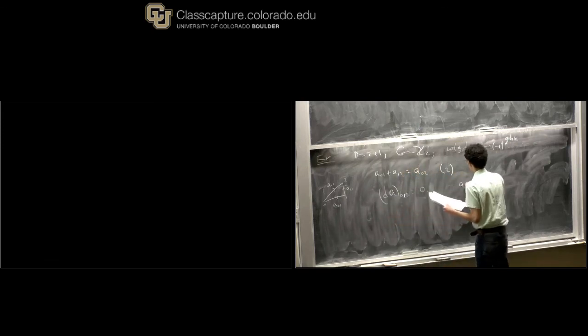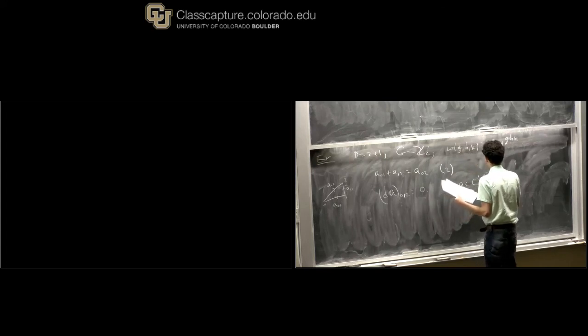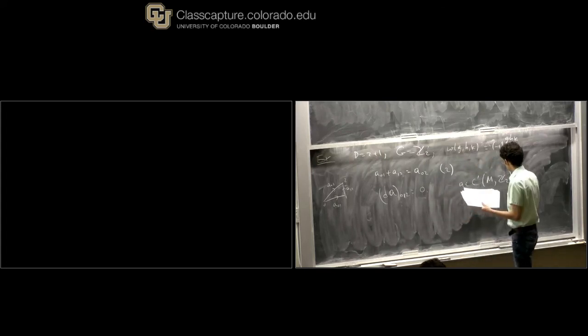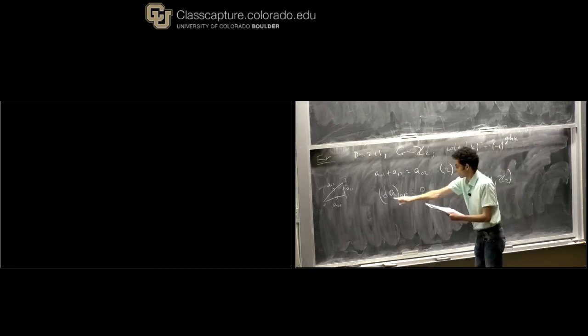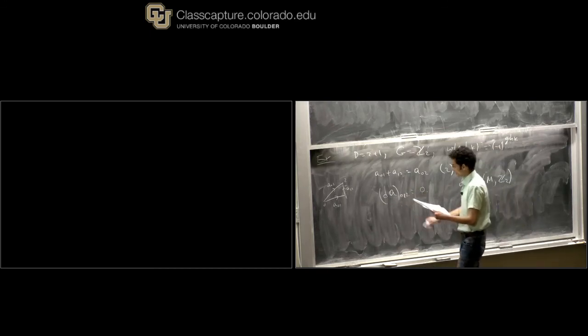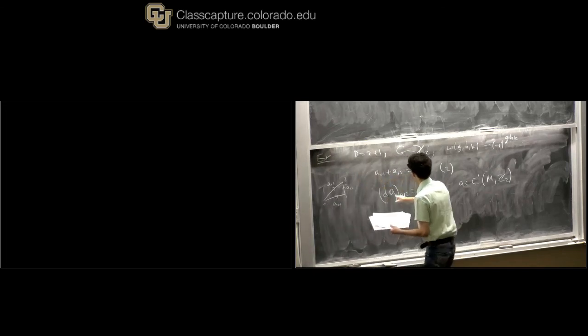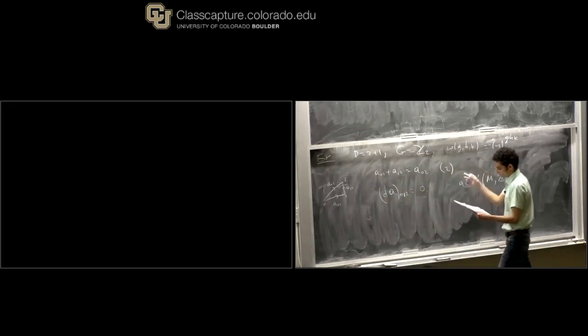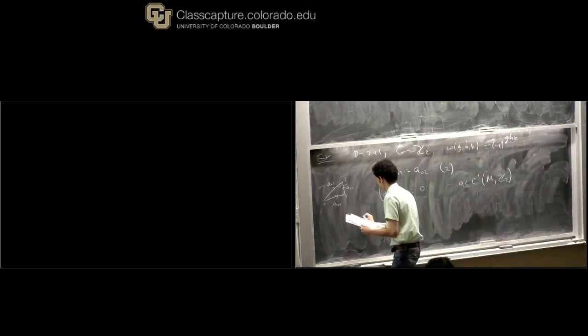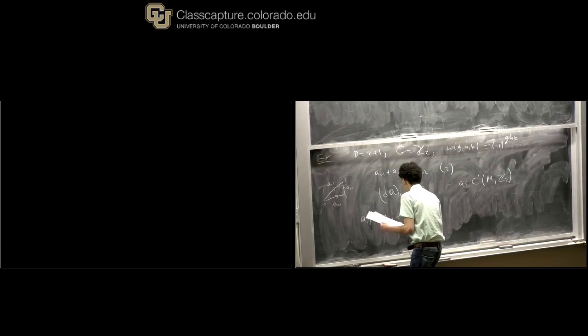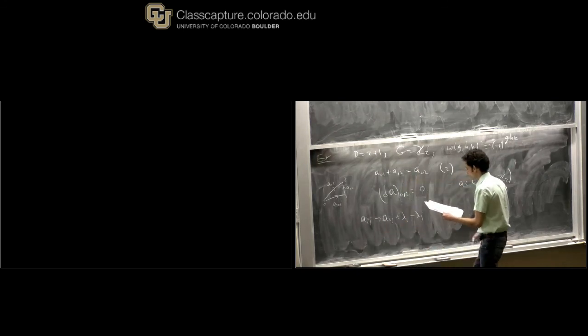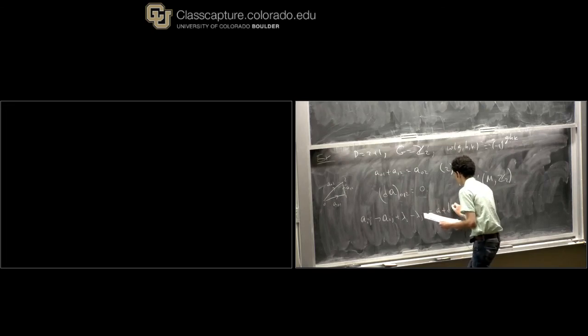So A I can now think of as a one cochain with Z2 elements, and this tells me that A is flat, is closed as a cochain, and gauge transformations are just Aij going to Aij plus lambda i minus lambda j, where these are also in Z2, so this is just going to be A plus d lambda.